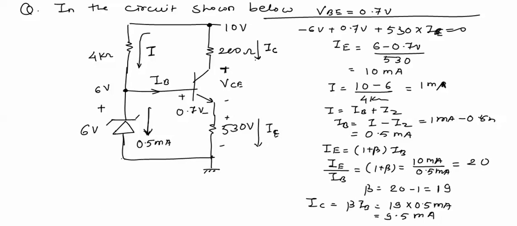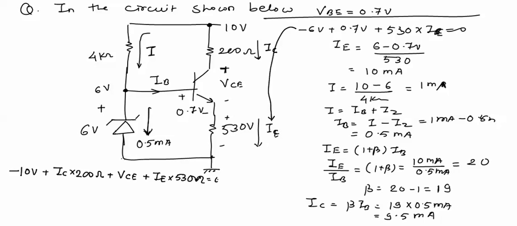This value VC can be calculated by applying KVL. When we apply KVL in this loop, minus 10 volt plus IC into 200 ohms plus VCE plus IE into 530 ohms equals 0.